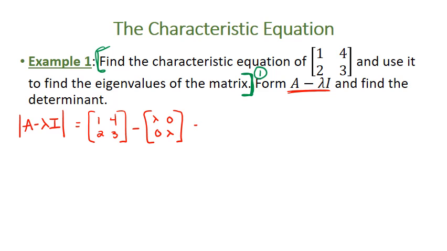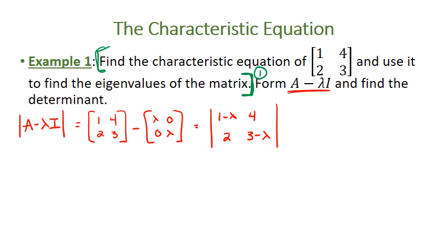So when I subtract these two matrices, I end up with 1 minus lambda, 4, 2, and 3 minus lambda. And I want to find the determinant of this.